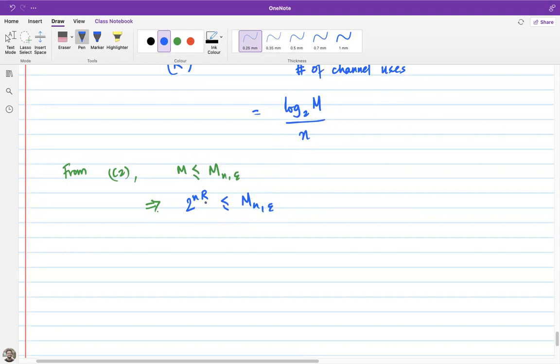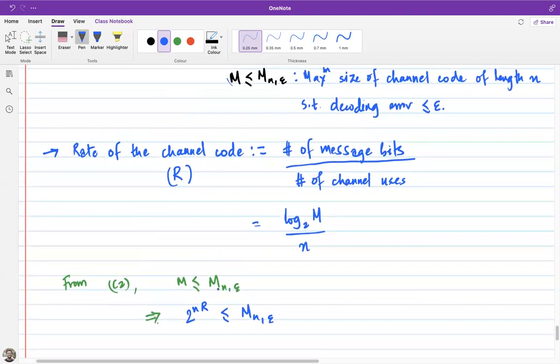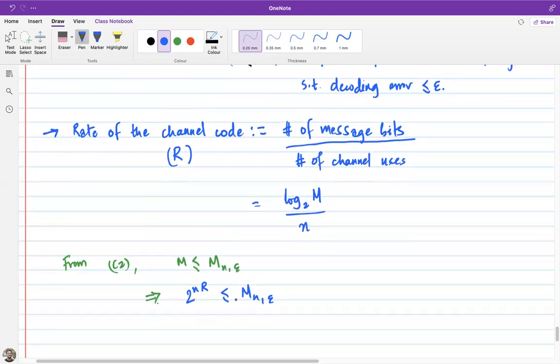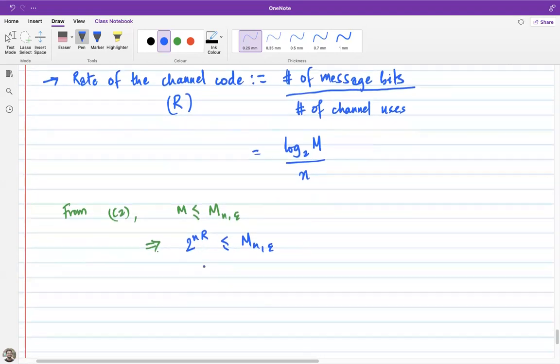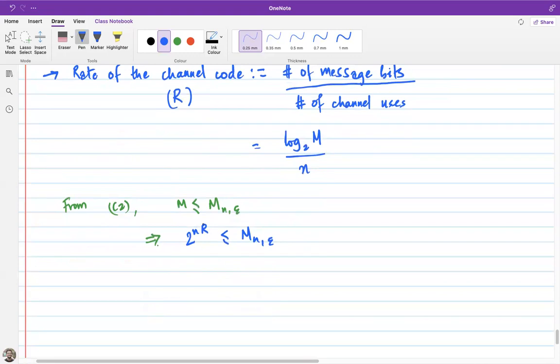So if you choose a rate R such that 2 raised to nR is less than this quantity, then you can send 2 raised to nR number of messages, such that things are under control, that means the decoding error is less than epsilon.